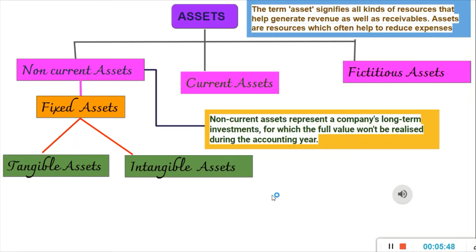The opposite. Intangible means we cannot see and we cannot touch. It has no physical existence, like goodwill, copyright, patents, trademark, etc. These all are intangible assets. Now we can study in detail about tangible assets and intangible assets. Right? Let's see.